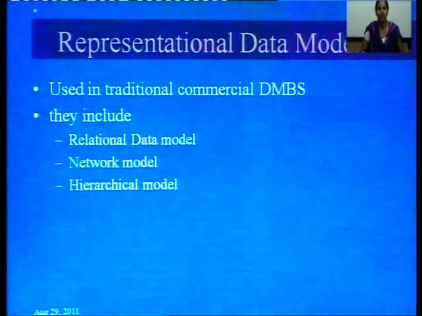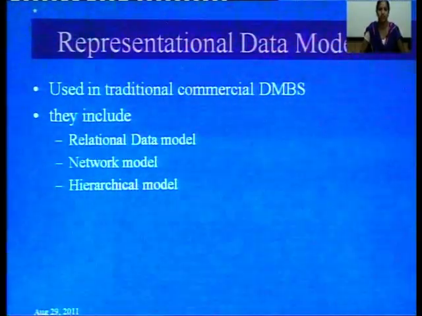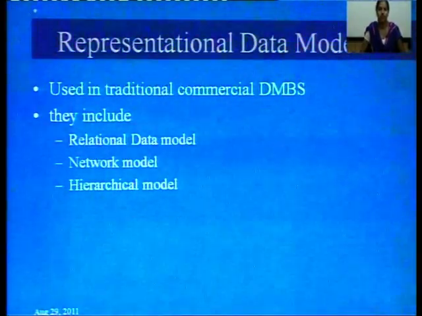The relational data model is one in which data is present in the form of tables. Relation is another name for a table. So when we store the data in the form of a table, we say it is a relational data model, and the relation variable is the name of the table or name of the variable.